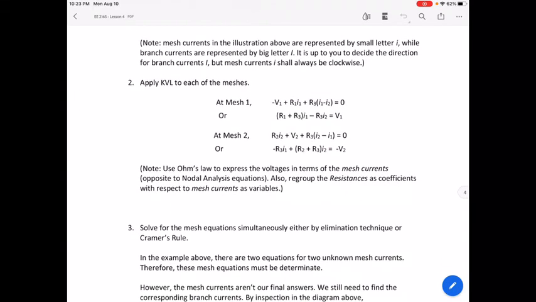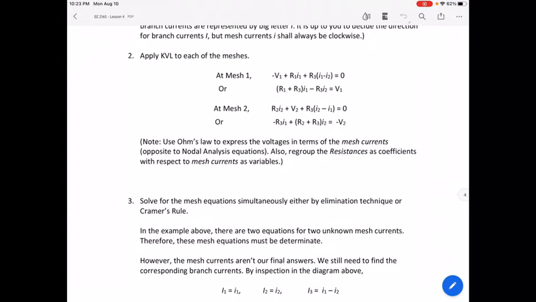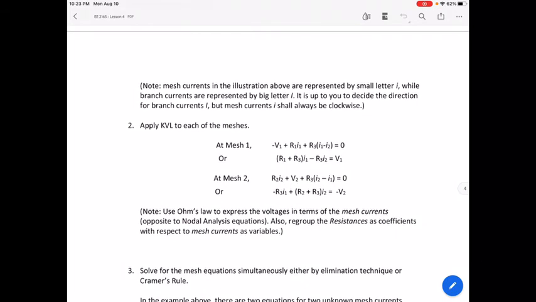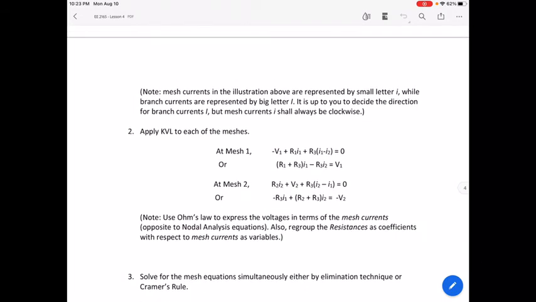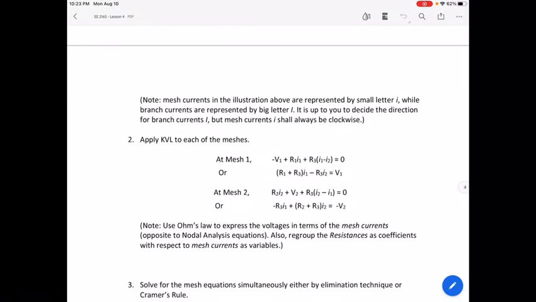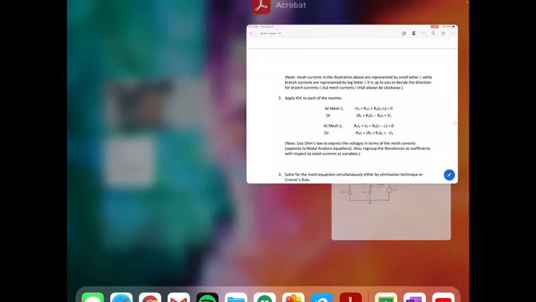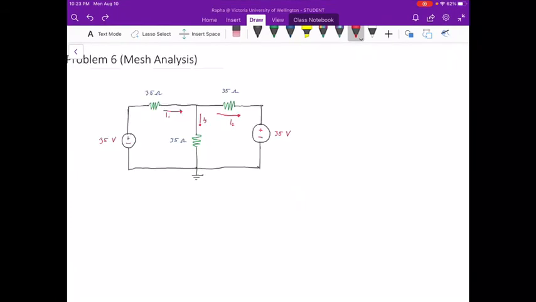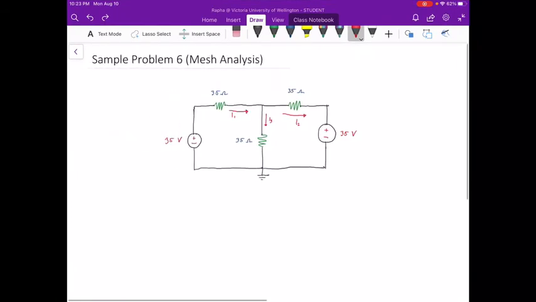And the third one would be to solve for the mesh equations simultaneously, either by elimination technique or Cramer's rule. I've written quite a few notes here in the material that I gave you. Please do care to read them. Now let's jump into this sample problem.